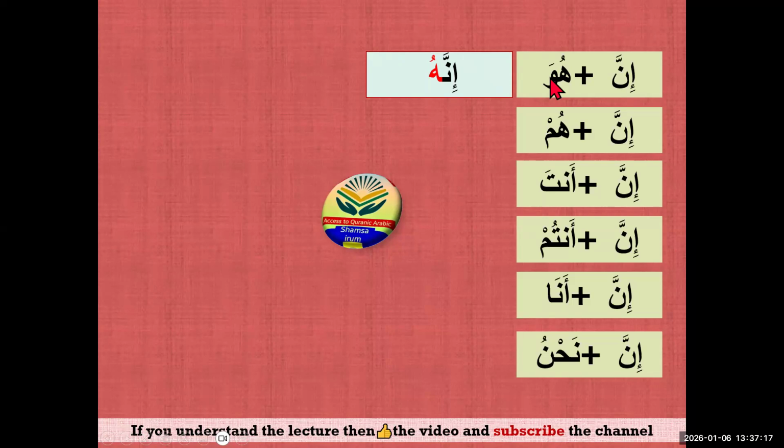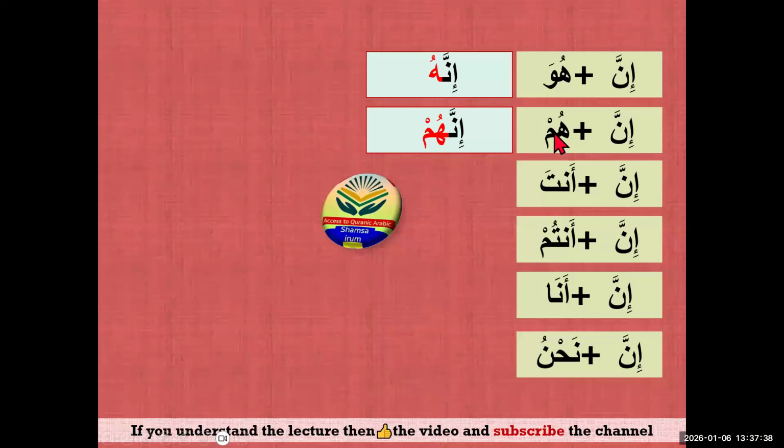This huwa will convert into the hu dhamir. Huwa is a marfu dhamir and hu is a mansub dhamir. And you know that the ism of inna should be in mansub state. That's why it's hu. And inna hum converts into innahum, because hum is also used as a dhamir mutasil, and it is also used as a dhamir munfasil.